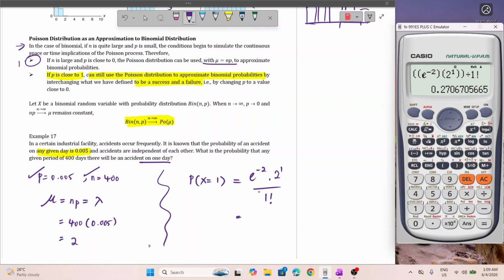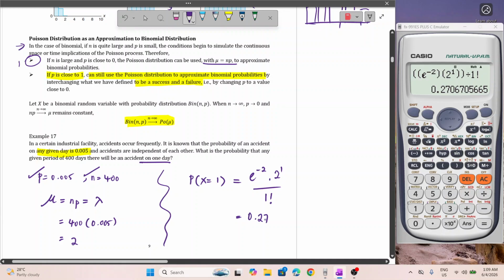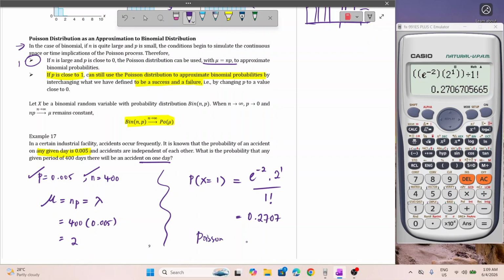So the answer is 0.2707, using the Poisson distribution.